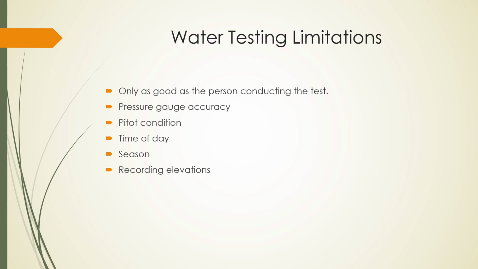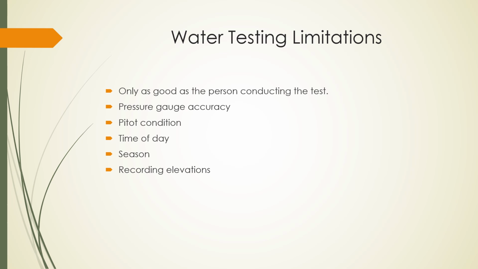With lower flows, it's not so difficult to cut into the stream. With really high pressures, it's difficult to get a good reading. So I always would look at who was conducting the test. Pressure gauge accuracy, the gauges need to be calibrated. I'll go into that in more detail.